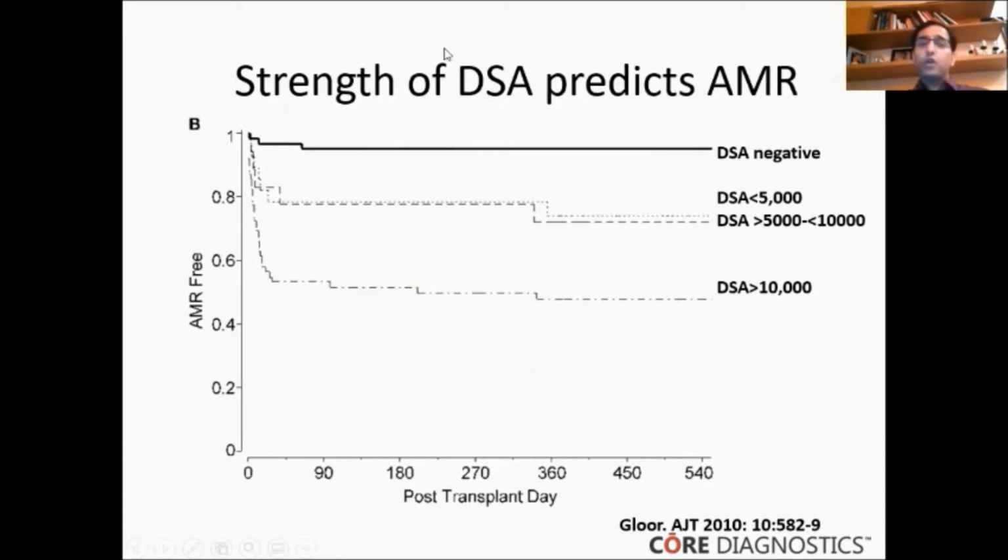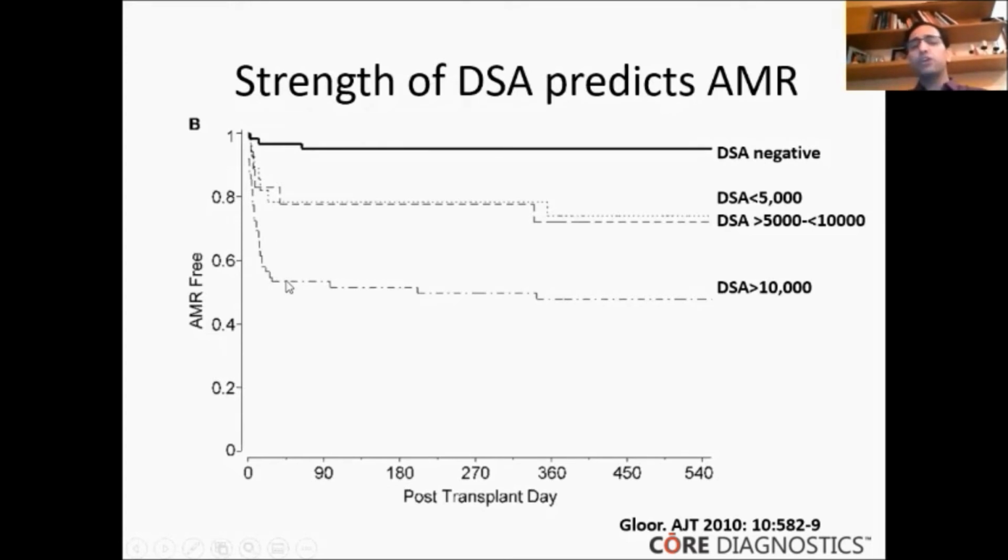The strength of the donor-specific antibody also predicts antibody rejection. So if you have a donor-specific antibody before the transplant, and again these are before-transplant studies, that is more than 10,000, you have about a 50% antibody rejection rate within the first 90 days. The first column is 90 days, and the majority of antibody rejections are happening within the first 45 to 50 days.